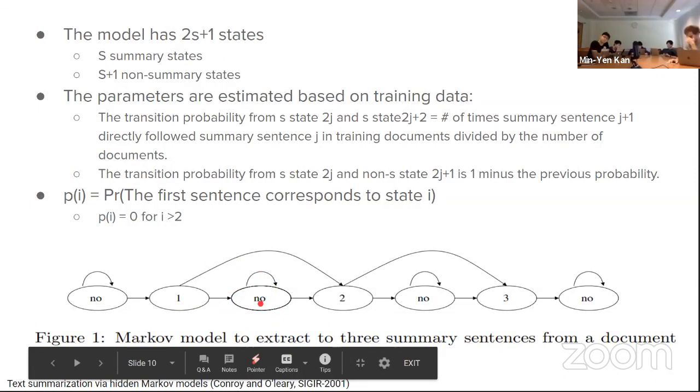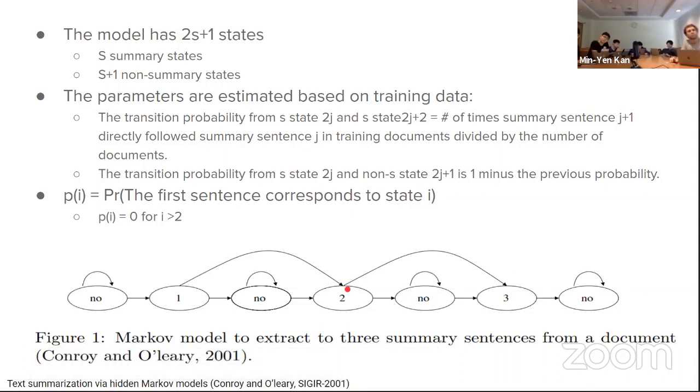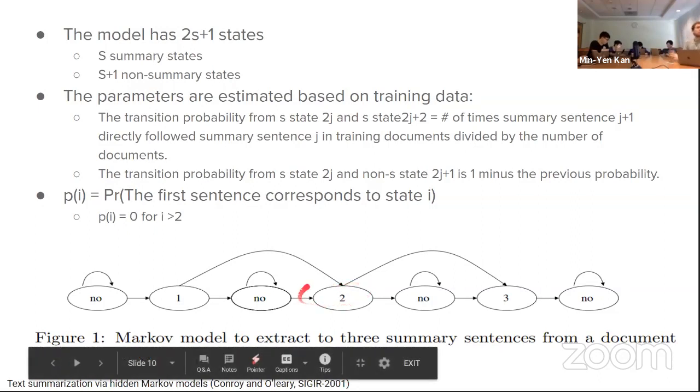So it's quite simple, but what this model brings that is novel is this. If you know how hidden Markov models work, when you're in a state, you don't know about your previous states, right? How this state is different from the previous one is that they come from a state where the previous sentence was a summary.